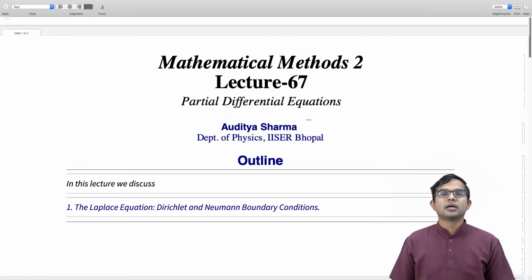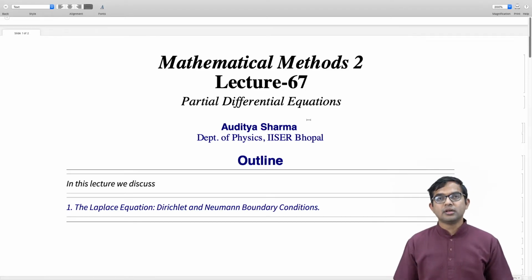Okay, so we have been describing the Laplace equation and a technique to solve it, namely the method of separation of variables using two independent variables and rectangular coordinates. In this lecture we will look at two important kinds of boundary conditions.